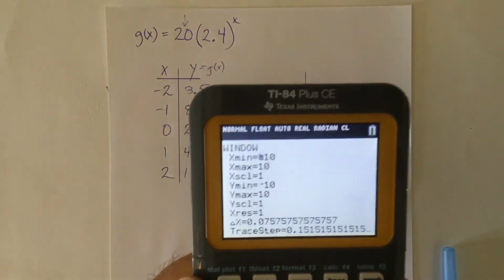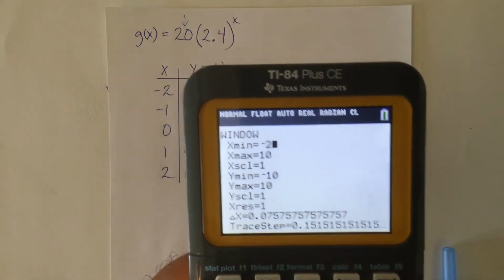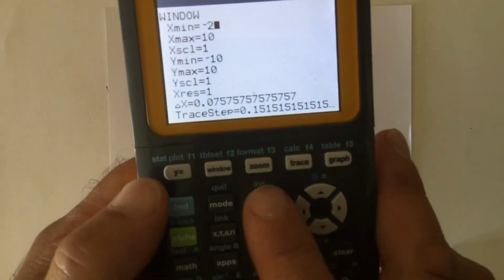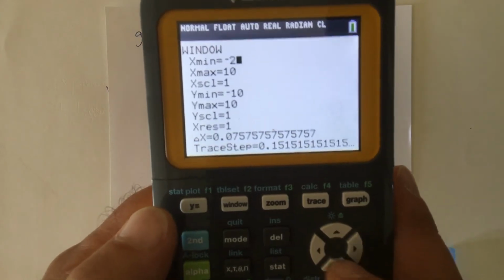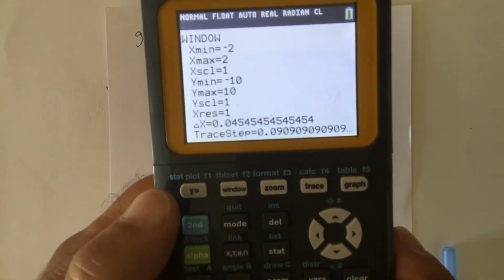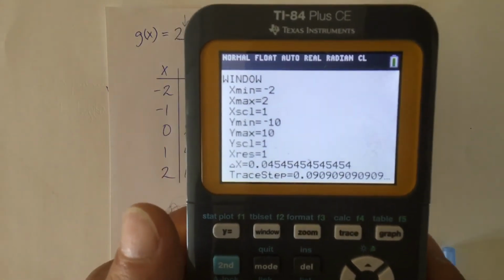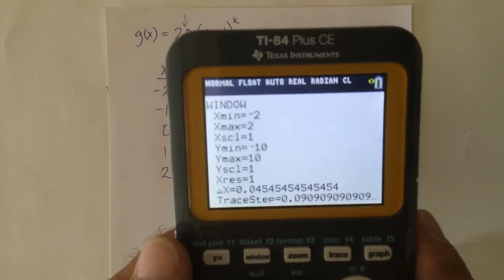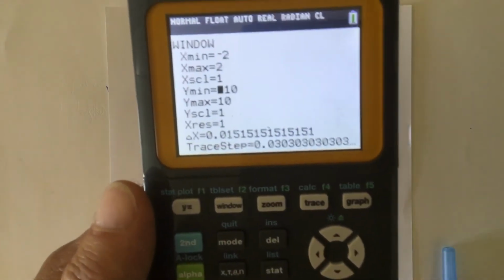We're only using 2 of them, so I'm going to put a -2 there and delete the 0. There's x min -2. I'm going to go here and change this to a 2. We only have 2 dashes on the positive side of the x, and every dash on this x is worth 1 unit.